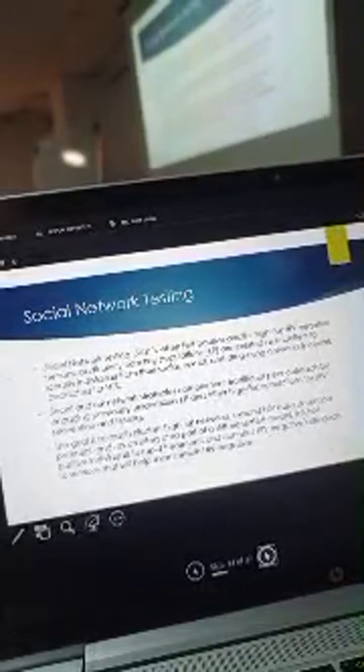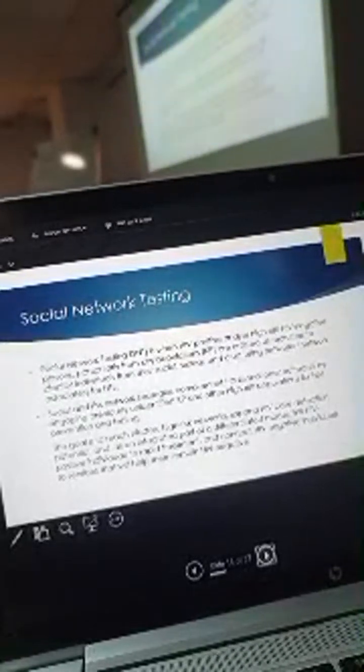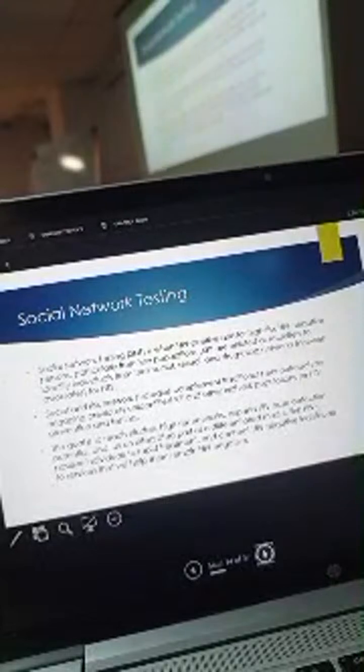I told you guys about the social network testing. Please read for us quickly the first paragraph. Social network testing (SNT) is when HIV positive and or high-risk HIV negative persons, particularly from key populations, are enlisted as recruiters to identify individuals from their social, sexual, and drug-using network.